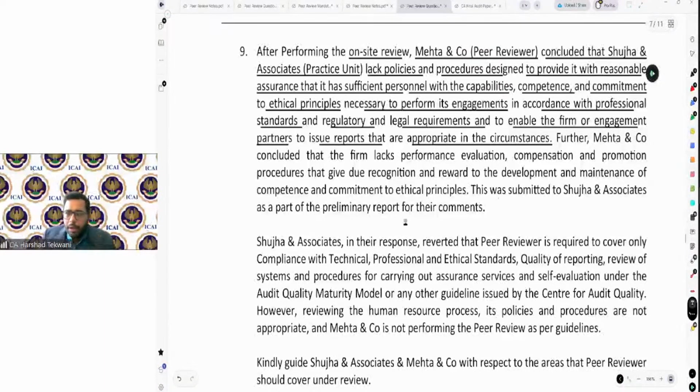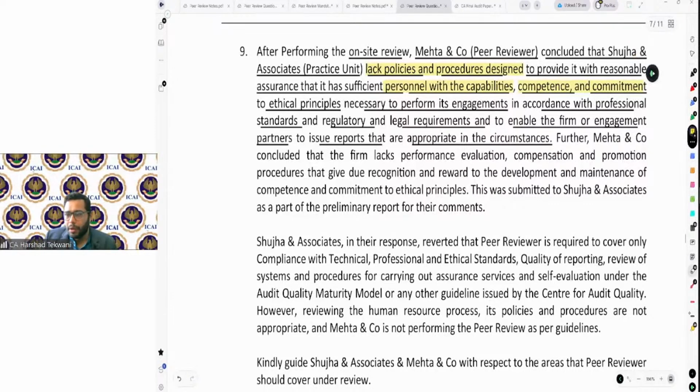Again, the peer reviewer concluded that the practice unit lacked policies and procedures designed to provide reasonable assurance that it has sufficient personnel. So they are talking about a lack of policies and procedures with respect to personnel with capabilities, competency, and commitment, something related to human resources, you can say.